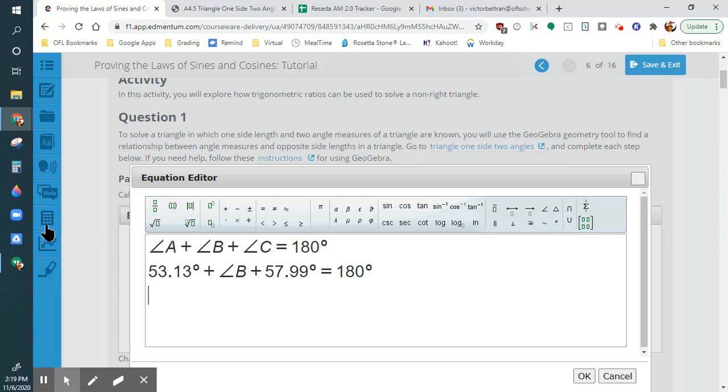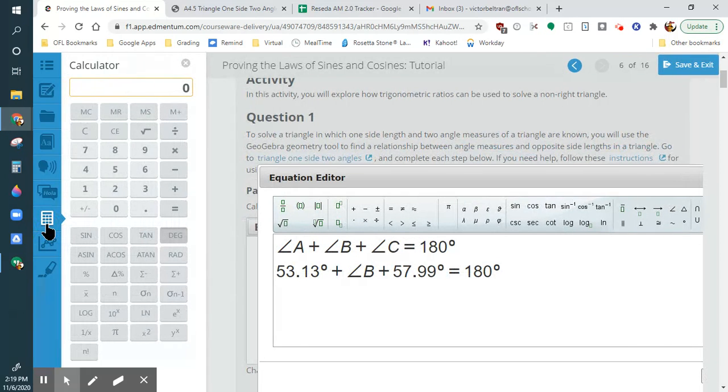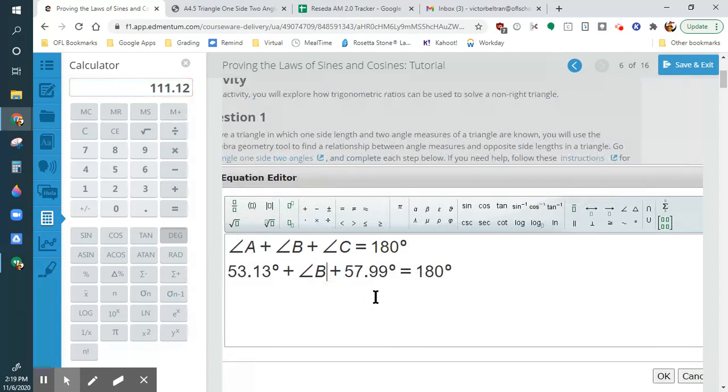We're going to add those two together. We can just use the little Edmentum calculator. 53.13 plus 57.99, we get 111.12 degrees. There it is. Plus angle B. And that has to equal our 180 degrees.